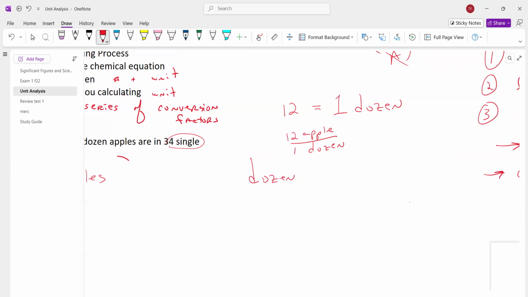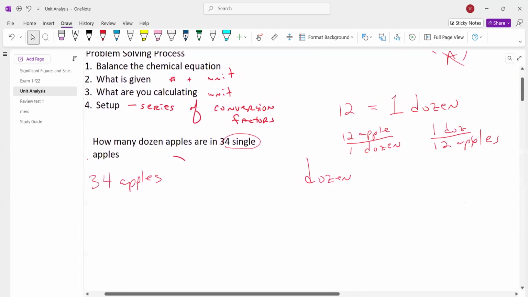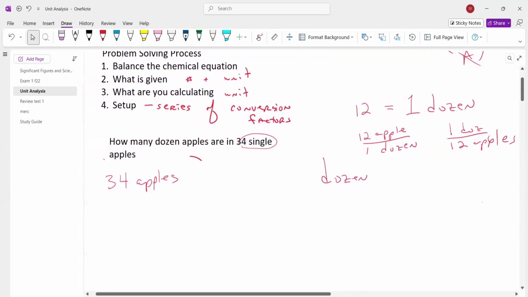You have an inverse also. And the inverse is simply, for you math folks, the multiplicative inverse. Okay, so we're going to go 1 dozen over 12. So the question becomes, which conversion factor do we use? Notice we want dozen to come out on top. So that means you're going to use a conversion factor where dozen is on top.